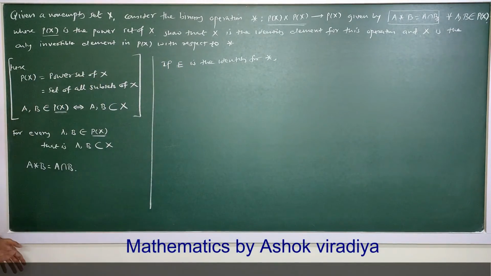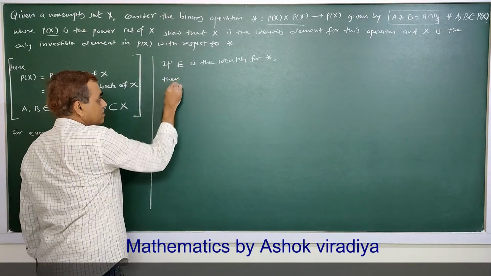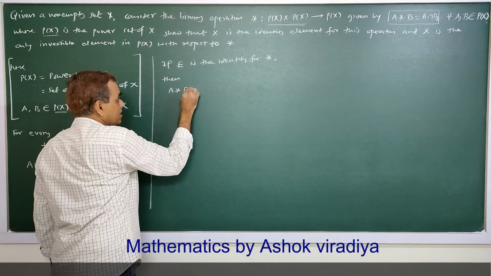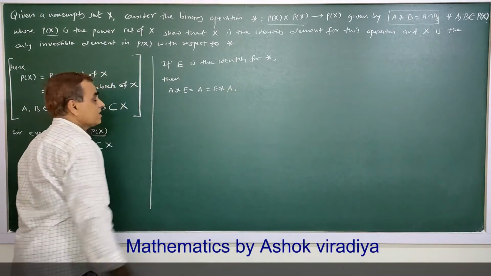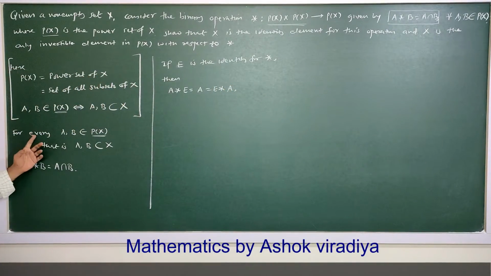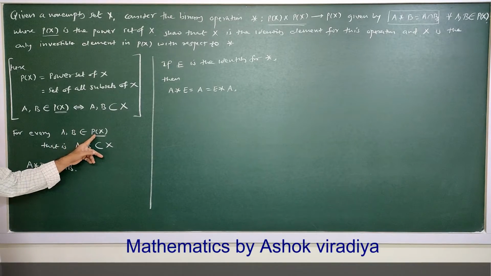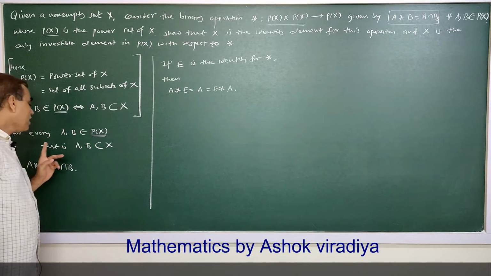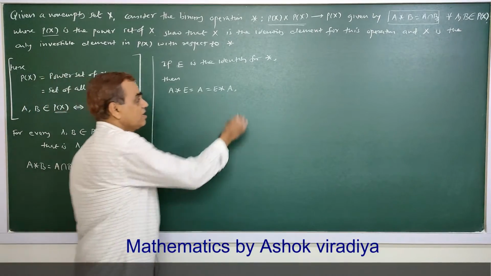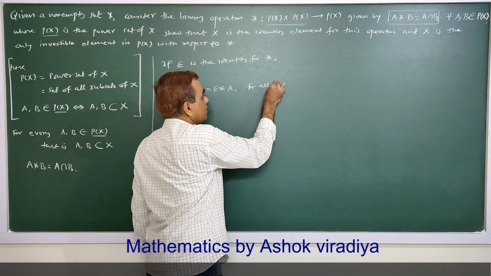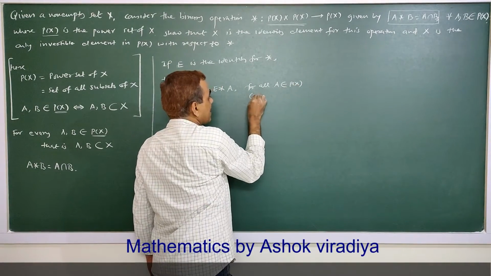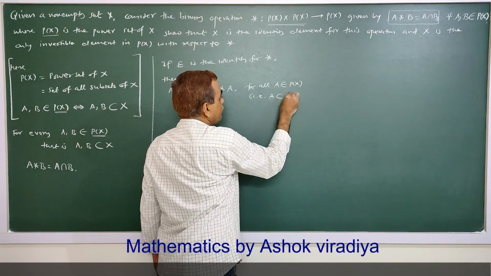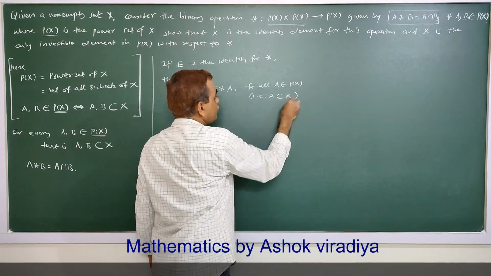If E is the identity for star, then A star E equal to A equal to E star A for all A belonging to the power set of X, that is for all A which are subsets of X.